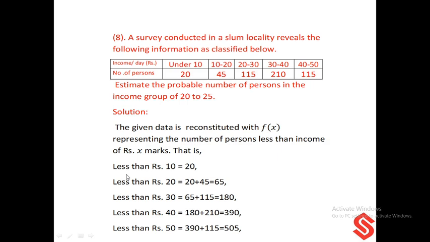So that is less than 10 rupees, 20; less than 20 rupees, it includes less than 10 also, 20 plus 45, 65; less than 30, 65 plus 115 is 180; less than 40, 180 plus 210 is 390; and less than rupees 50 is 390 plus 115 is 505.